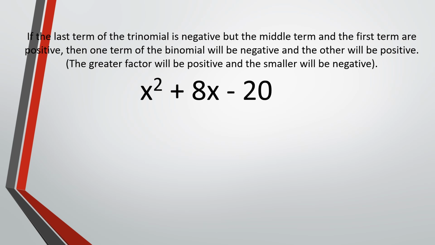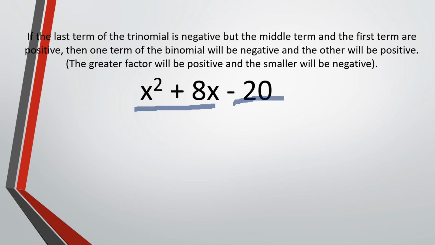Now, the greater factor will be positive and the smaller factor will be negative. Okay, now let's try this one. We have x squared plus 8x minus 20. Again, the first term and the second term are positive and the last term is negative.